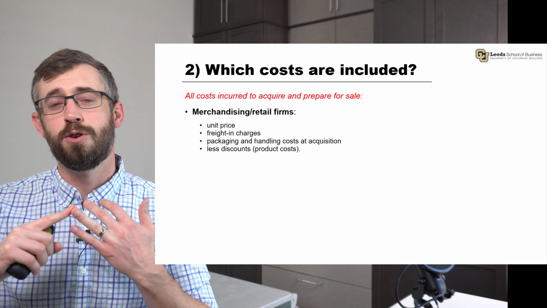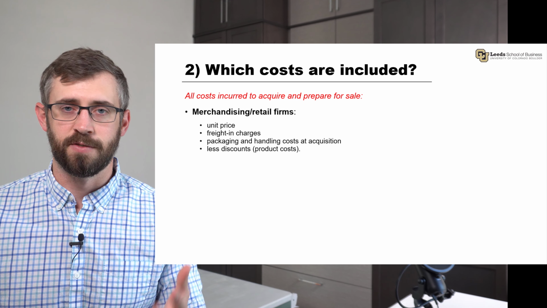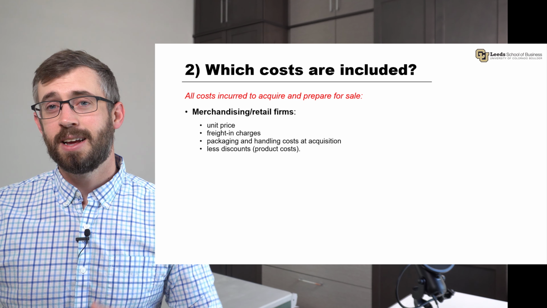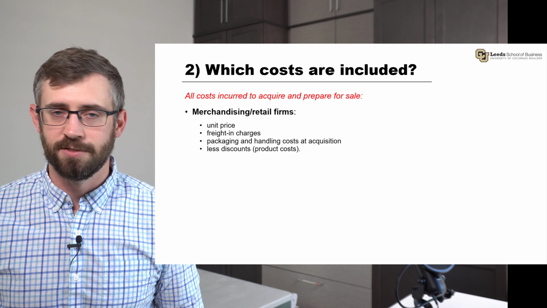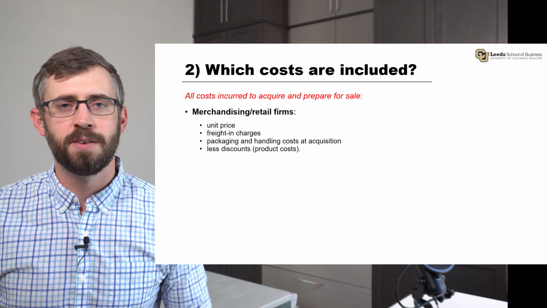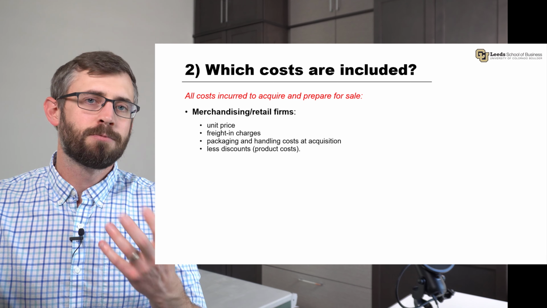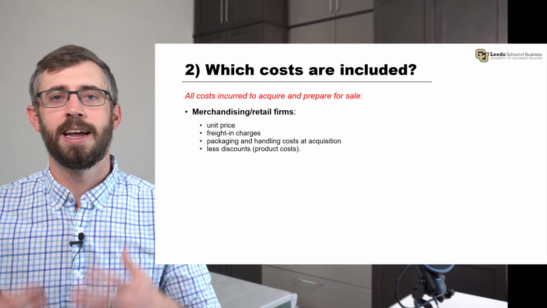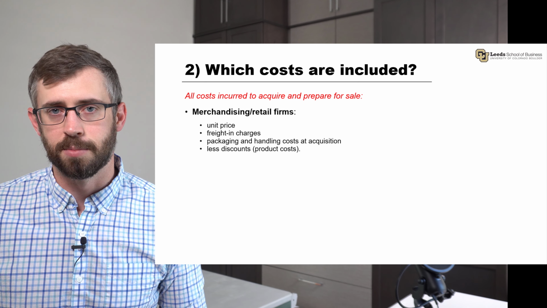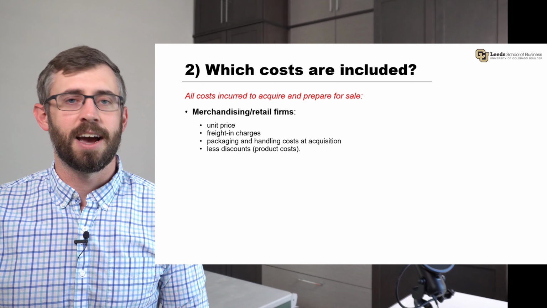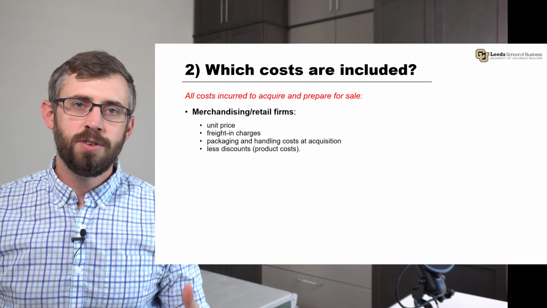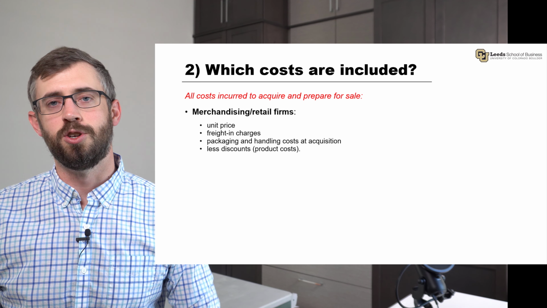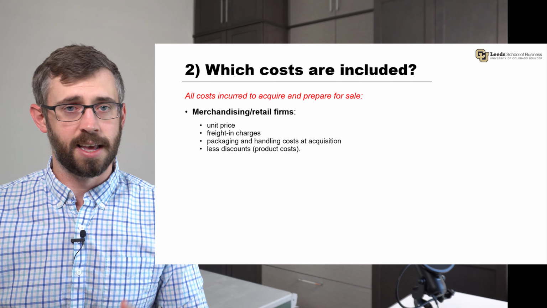It could include packaging and handling costs by some of our employees. We might reduce it by any discounts that we receive. So if we buy a big volume of things and we get 10% off, well, that reduces the amount we pay by 10% and it reduces our inventory value by 10%. So we're looking at what we actually pay for these goods, and we include the incidental costs to acquire and get these things ready for sale.